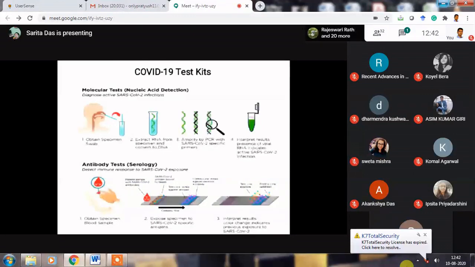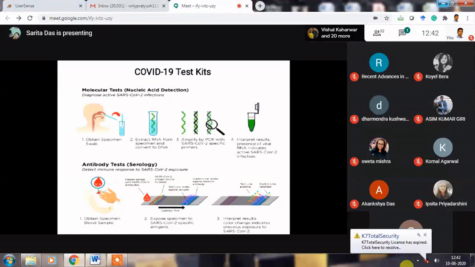So this figure shows the COVID-19 test kits. We are daily hearing about it, and it is based upon two principles. One is detecting the nucleic acid through RT-PCR, and the second one is the serological test that is available through the antibody test kits.